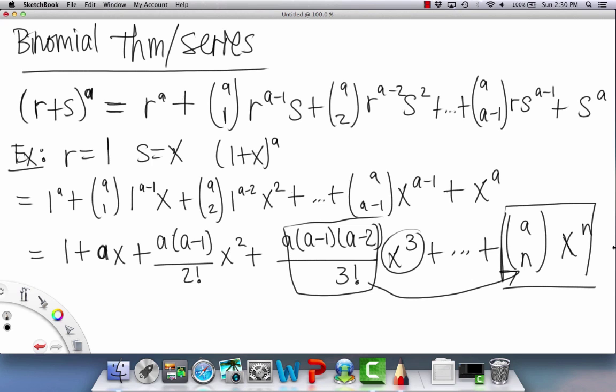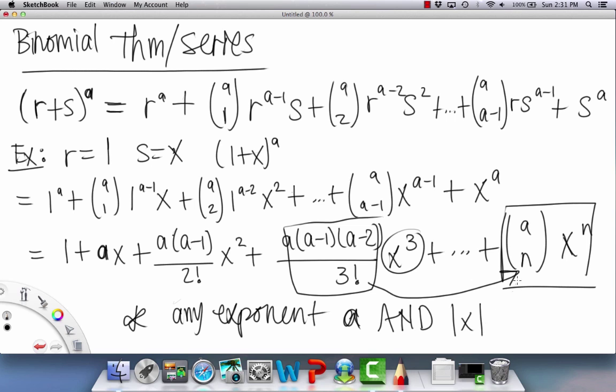With our determined r and s, this is true for any exponent a, and the absolute value of x is less than 1. Alright, so let's do an example.